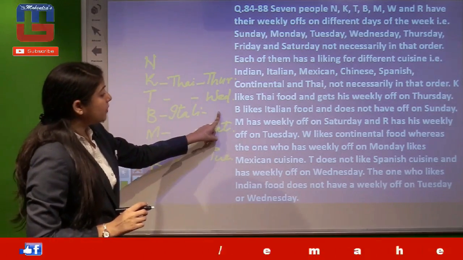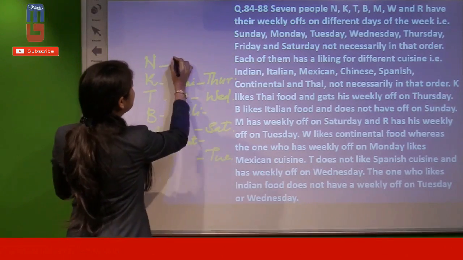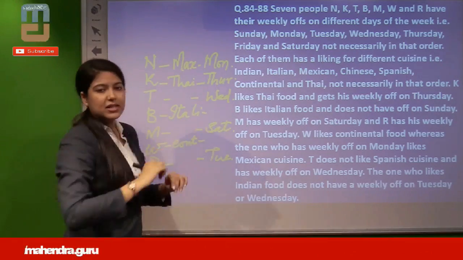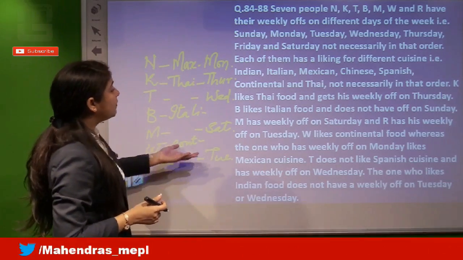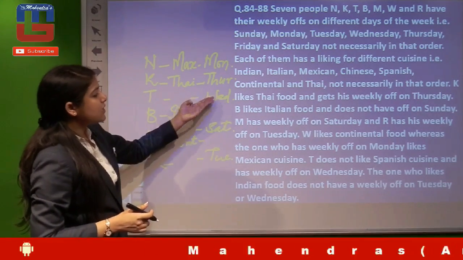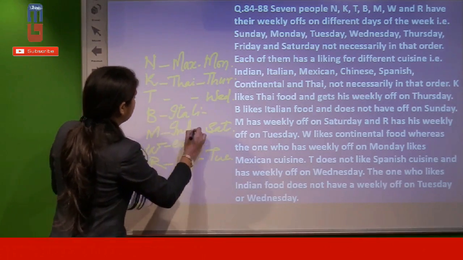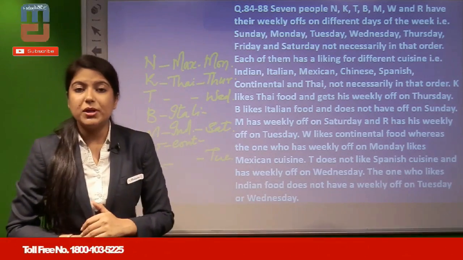If we put Monday over here, we cannot put Mexican. That means definitely Mexican and Monday would be for N, right? Now if Mexican and Monday is for N, for Indian we know it cannot come for Tuesday, it cannot come for Wednesday, so it will be coming for Saturday, right? So M would be liking Indian food and the weekly off will be on Saturday.